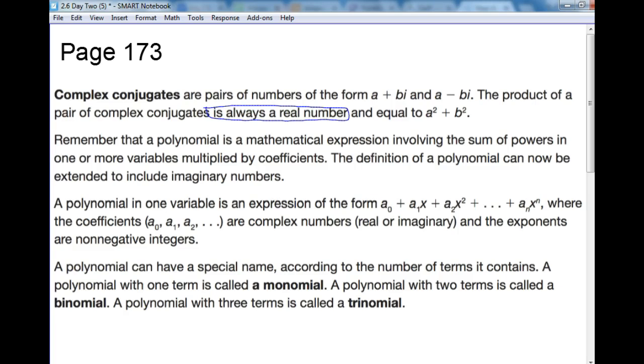And further than that, when I take this one times this one, my outside and inside terms always kill each other off. So the second I see a complex conjugate, all I need to do is take A and square it, take B and square it, and put them together to get my numbers. It's a shortcut once you identify these things, okay?